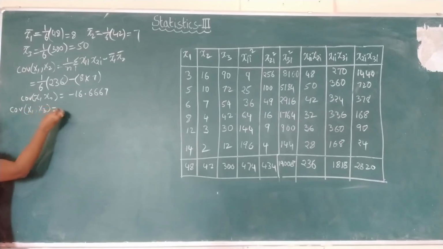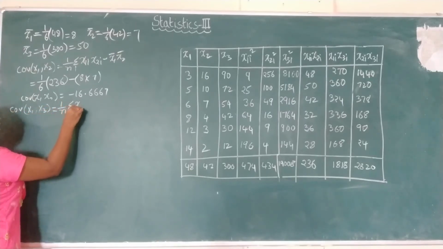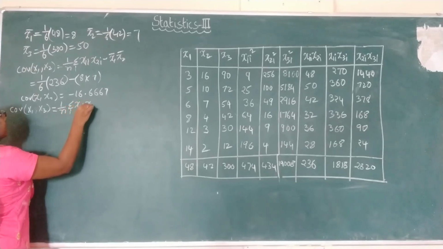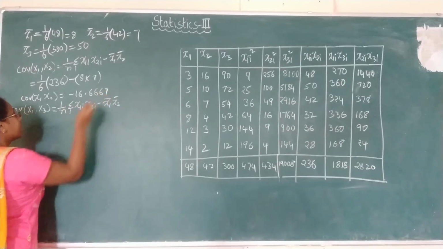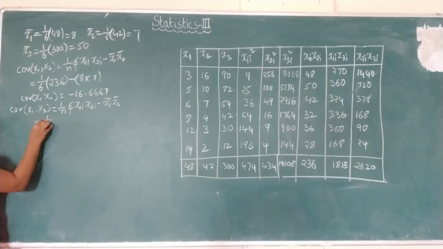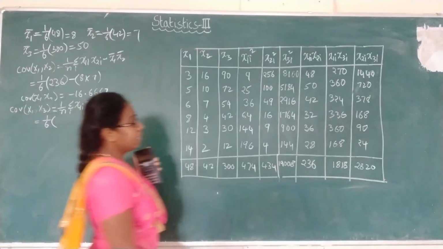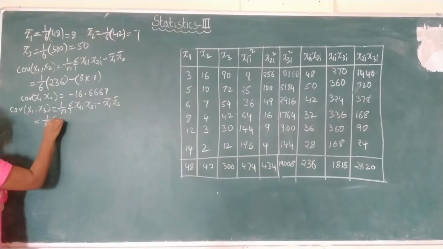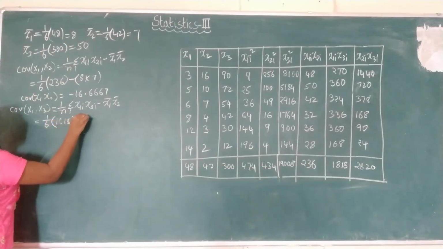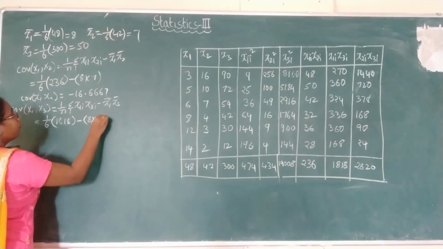Now similarly find out the covariance of x1, x3. So x1, x3 means 1 by n summation over i of x1i x3i minus x1 bar x3 bar. What is the value? 1 by 6 into the x1 x3 summation value, 1818, minus x1 bar is 8 into x3 bar is 50.